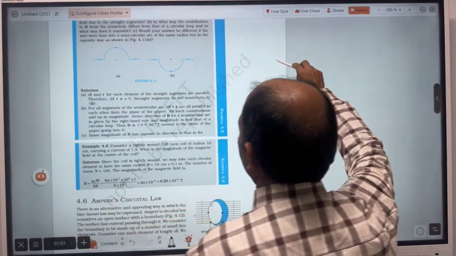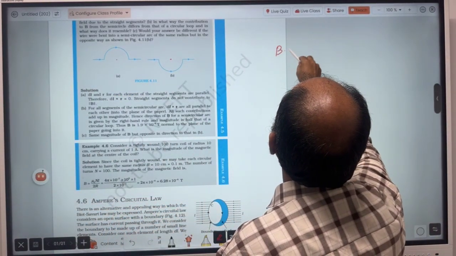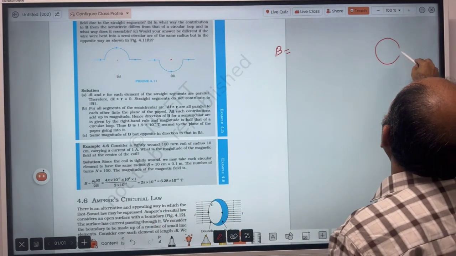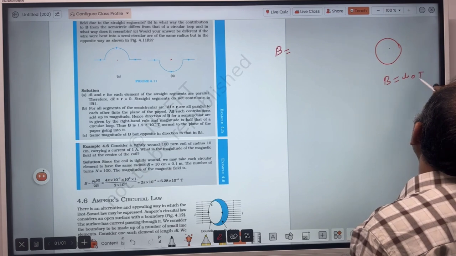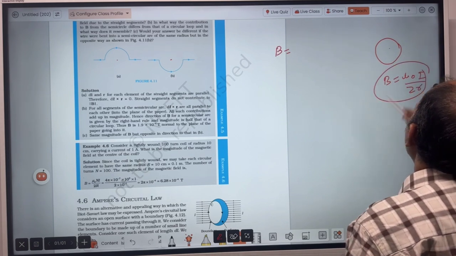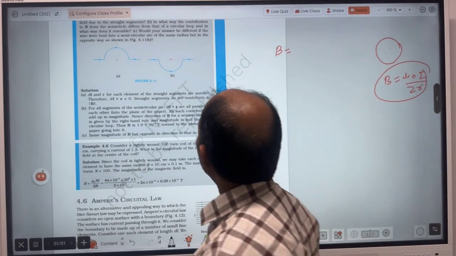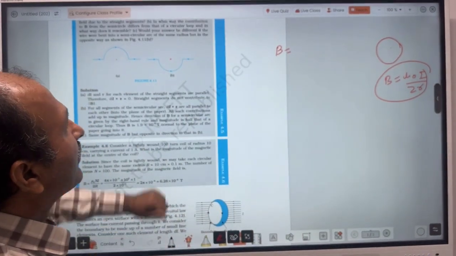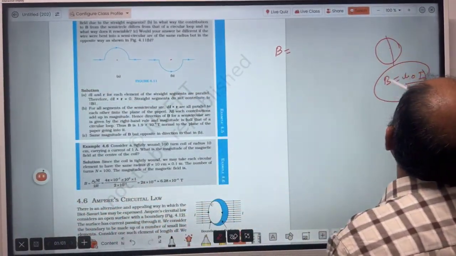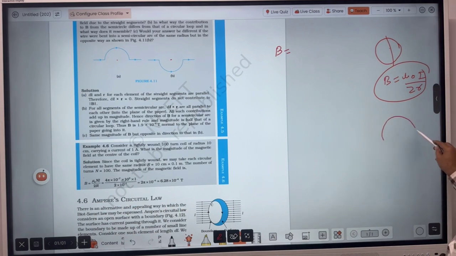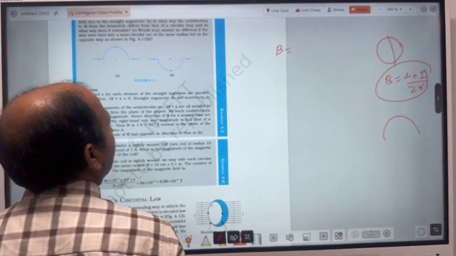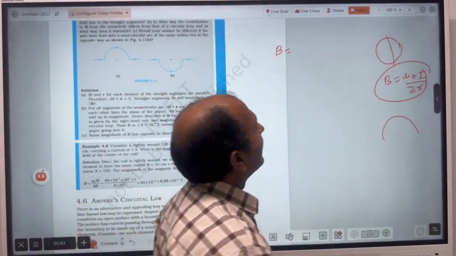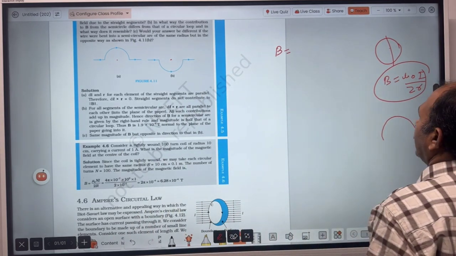Recently you have seen that B at the center of a coil is B equal to mu naught I divided by 2r. It was like this. So the same concept will apply here, but since it is a half ring, only half portion is there, so this value will get halved. So if you make it half, mu naught I divided by 4r it will become.